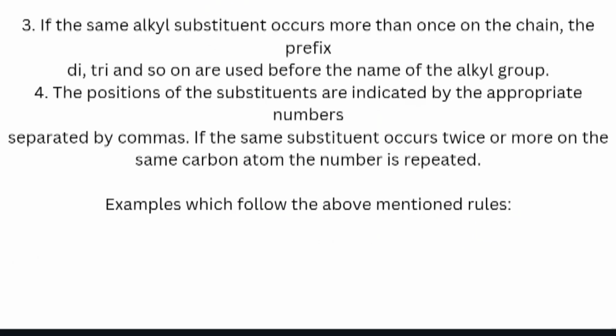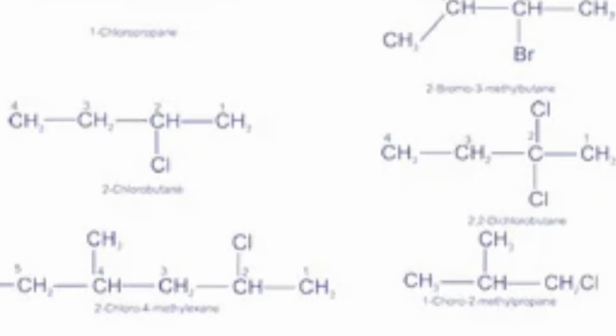In the fourth rule, the positions of the substituents are indicated by the appropriate numbers separated by commas. As you see in the last example, if the same substituent occurs twice or more on the same carbon atom, the number is repeated, as 2, 2. So the first example is the chloro group attached to carbon number 1.